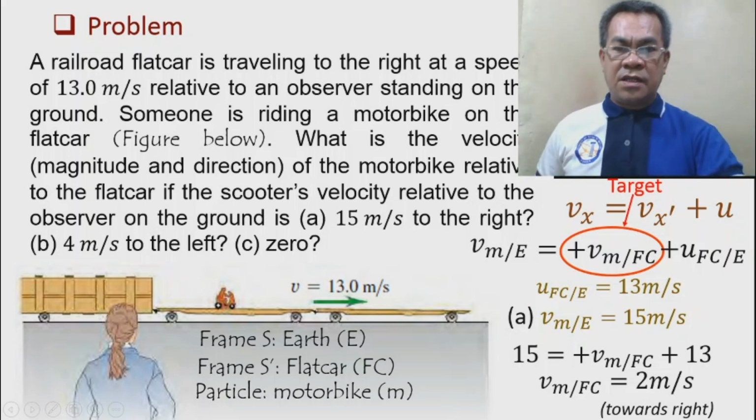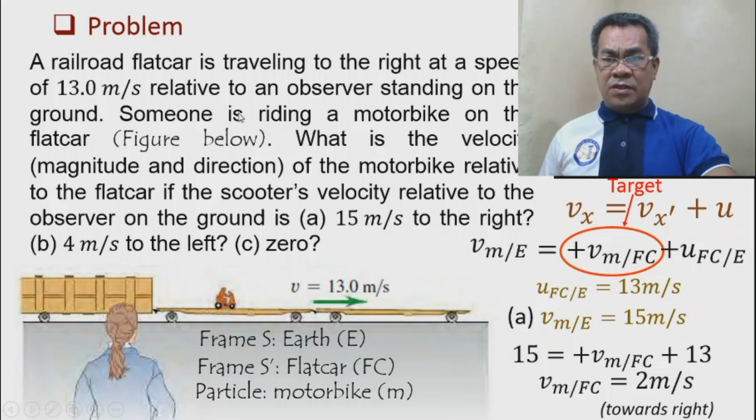Letter B. In letter B, again, the same velocity of the flat car, but this time, the same question: what is the velocity and magnitude of the motorbike with respect to the flat car, if the scooter's velocity relative to the observer on the ground is 4 meters?